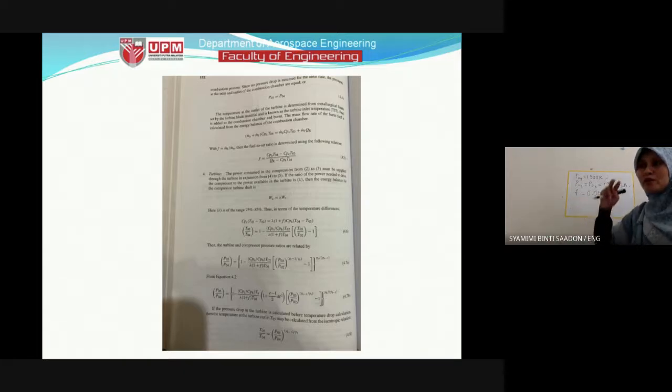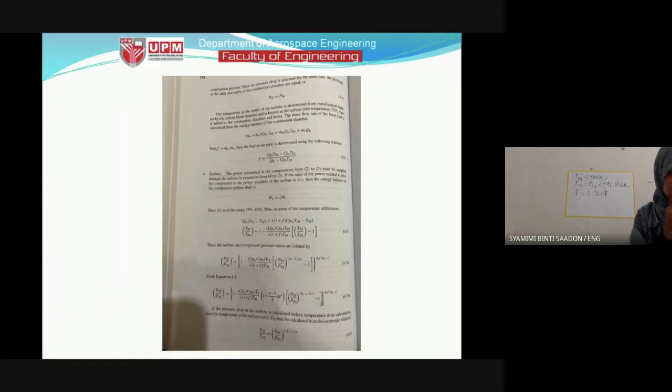So if you calculate by yourself in a test or exam and you find the value is a bit strange or different, not around the approximate values that we usually achieve in tutorials, it means that there is something wrong with your calculation. So we can verify with that. The fuel to air ratio must be logical. It's quite small.